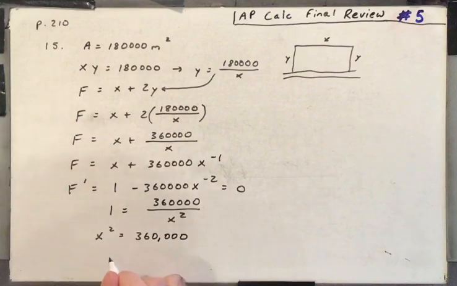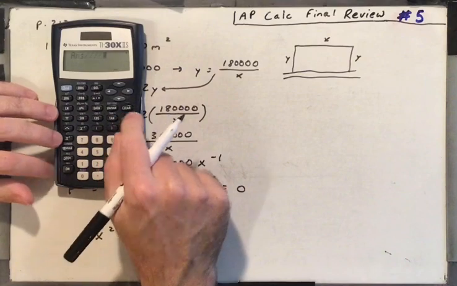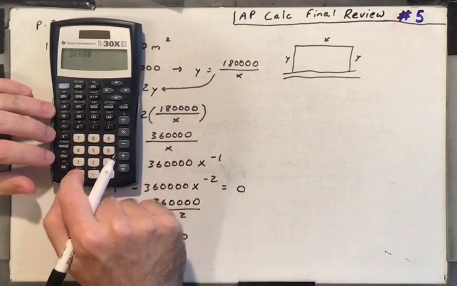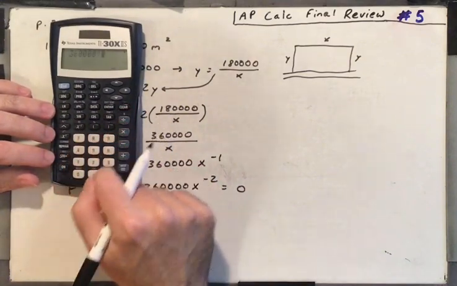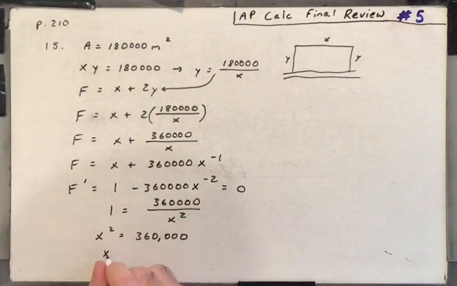All right, so the square root of 360,000, I think, would be 600, wouldn't it? Let me check. 360,000 raised to the 0.5, 600, yeah. So x is equal to 600.